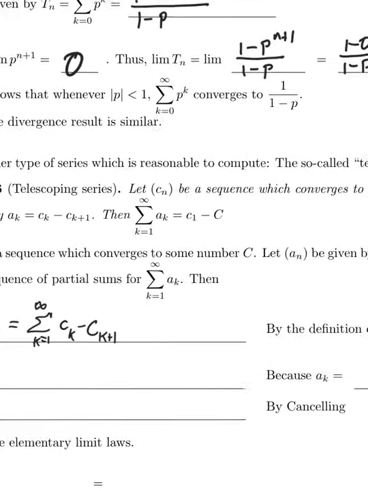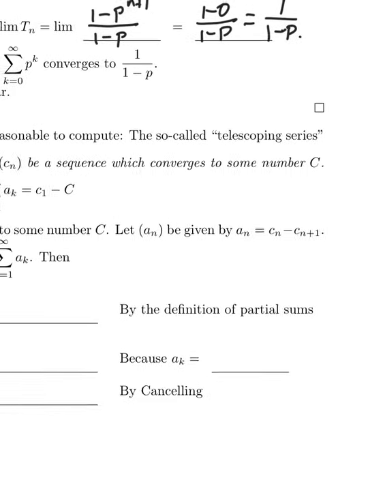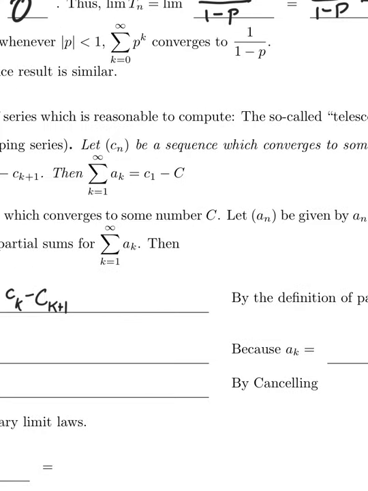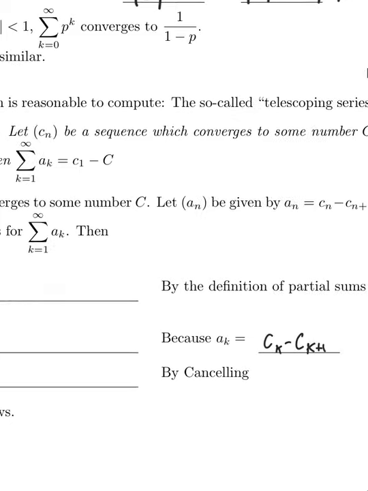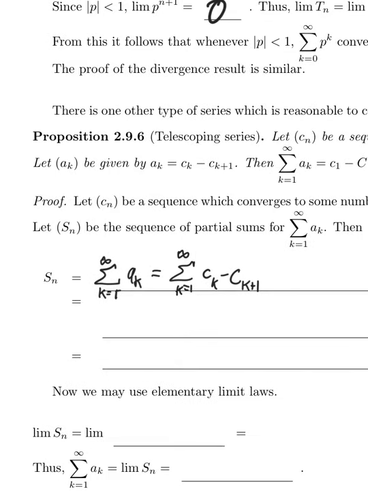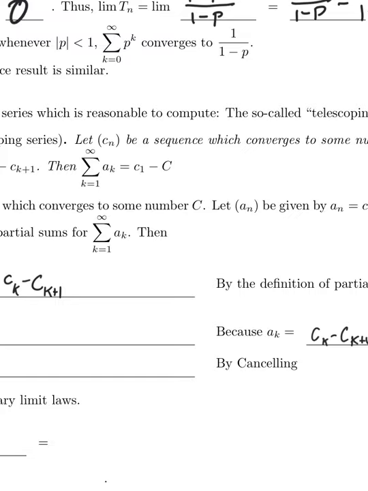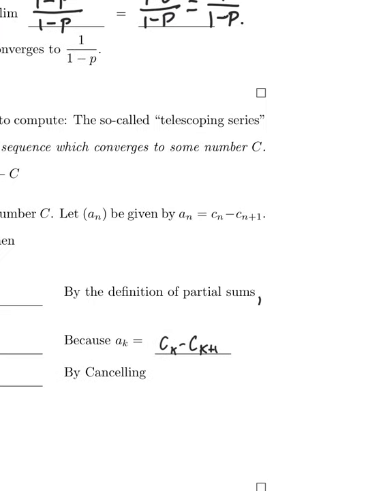And I can expand this out. There, that's what's used in that step, by the definition of partial sums, and because Ak is equal to Ck minus Ck plus 1.